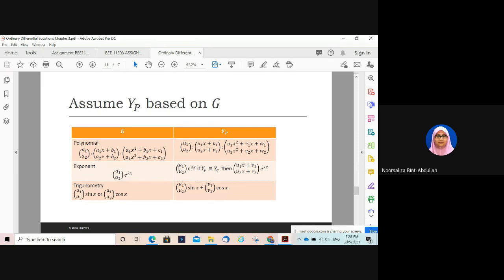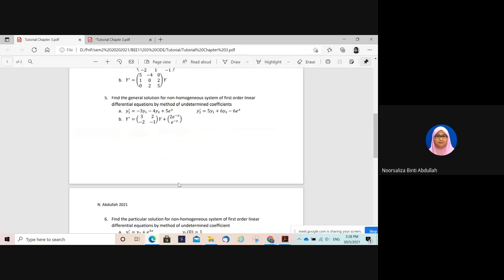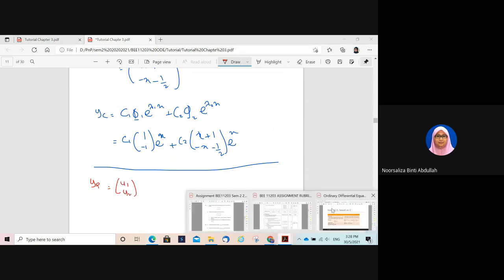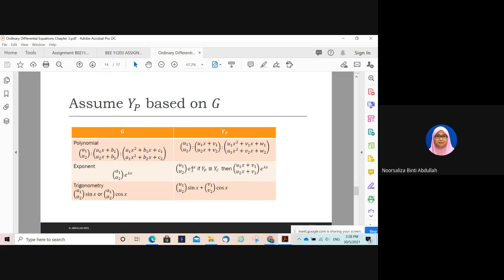U1, U2 exponent lambda X. So this is our G. YP is equals to U1, U2 exponent lambda X, depends on this G lambda.